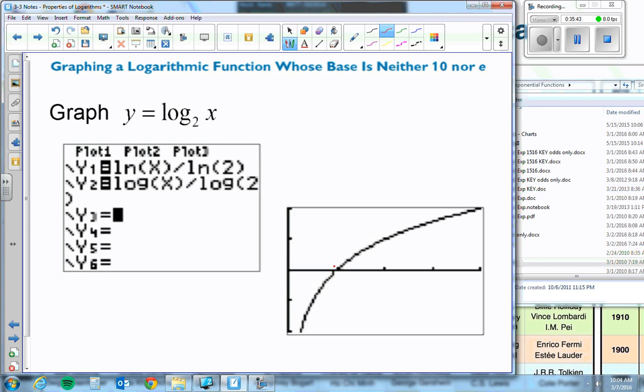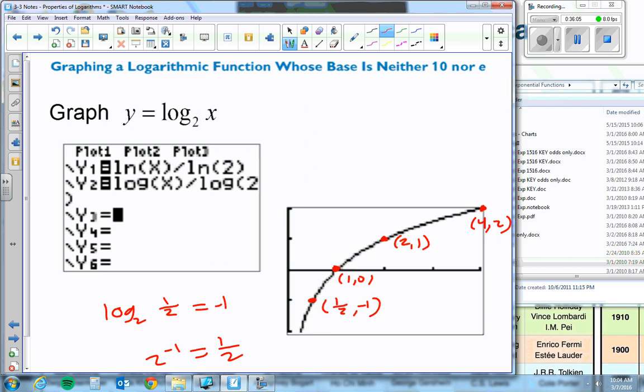I mean, that's 1 comma 0, and this is at 2 comma 1. Then this point would be at 4 comma 2. What is this point? 1/2 comma -1, because log base 2 of a half is -1, because 2 to the power of -1 is a half, right? I'm saying this particular one you should be able to draw without a calculator. But if you want to check your answers, that's how you have to type it in.